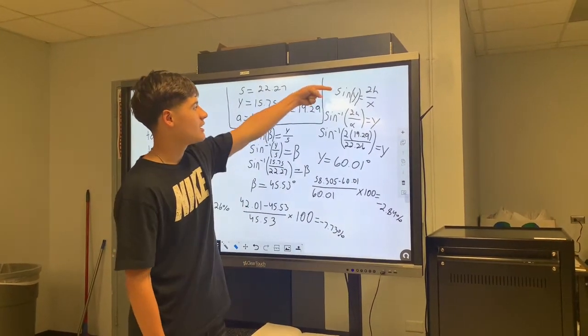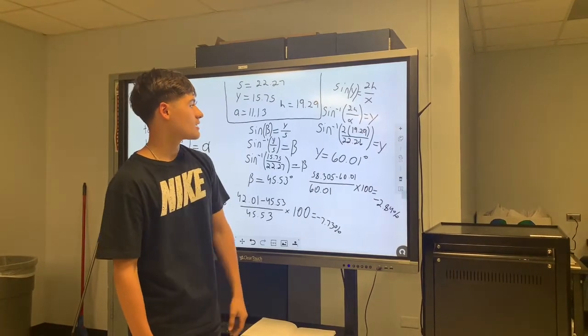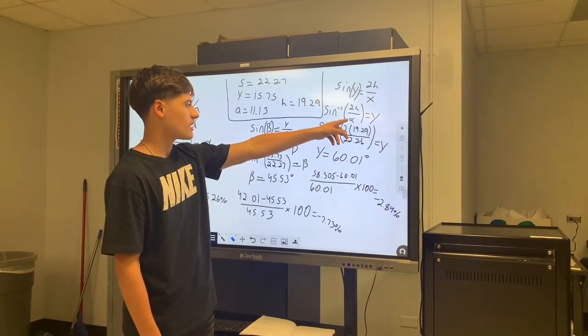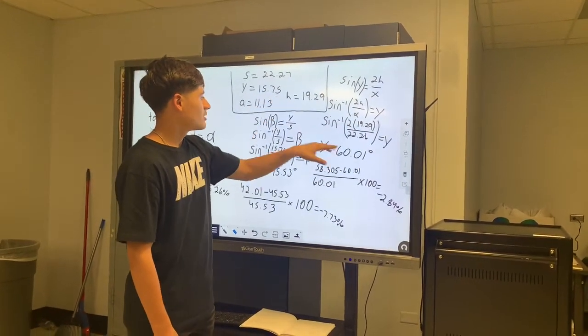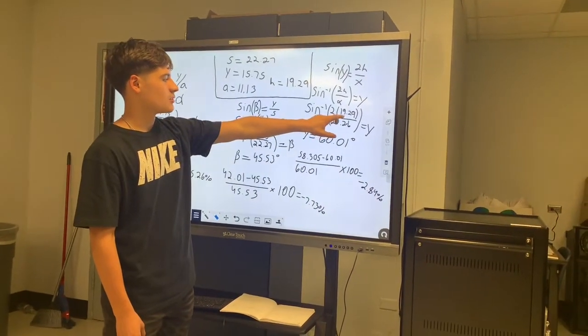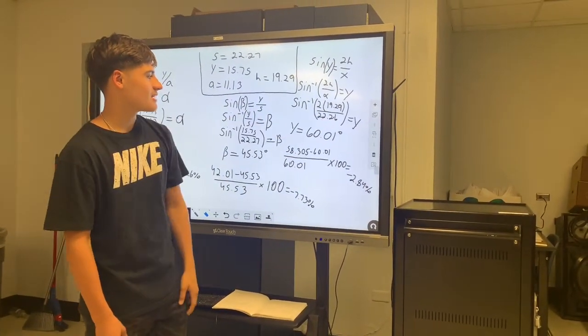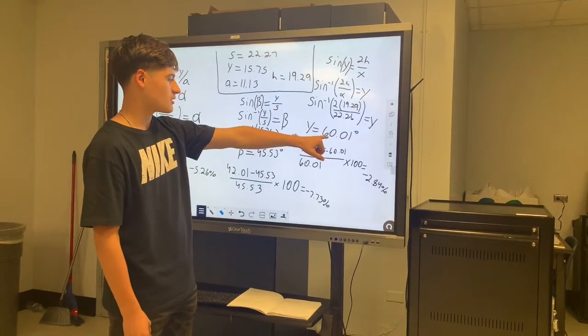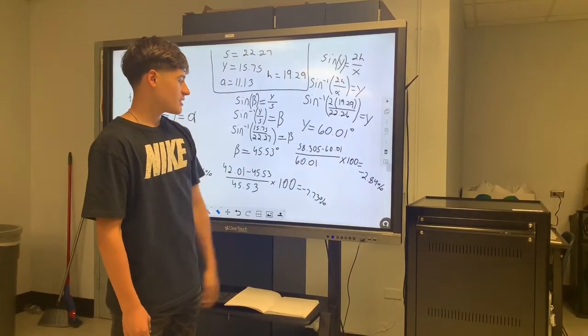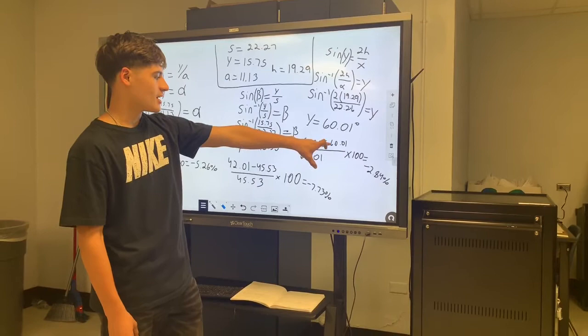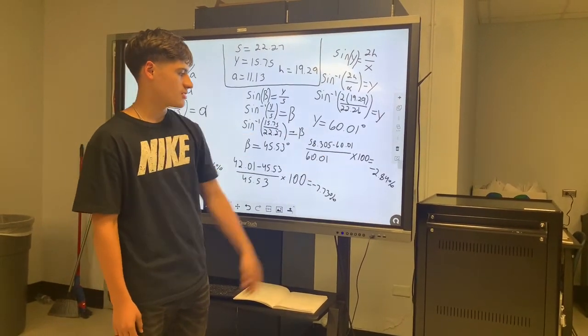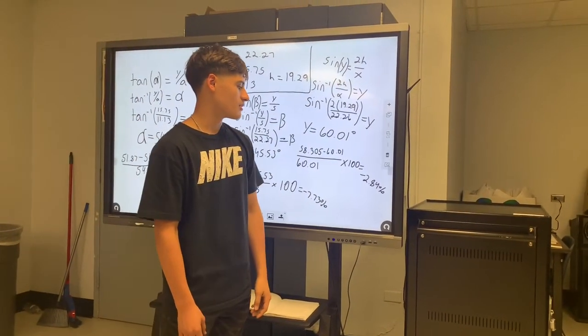And then over here we have sine sigma, and we need to find the inverse of that, so we plug in 2 times h over x, which is 2 times 19.29 over 22.26, which equals sigma, and as a result we get 60.01 degrees. Then we get the original minus the optimized divided by the optimized times 100, and it gives us negative 2.84% error.